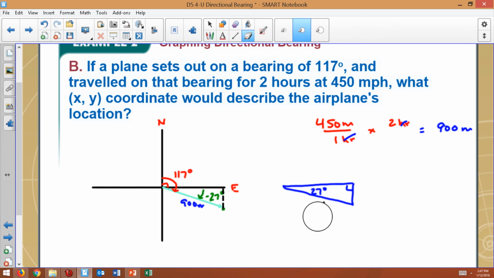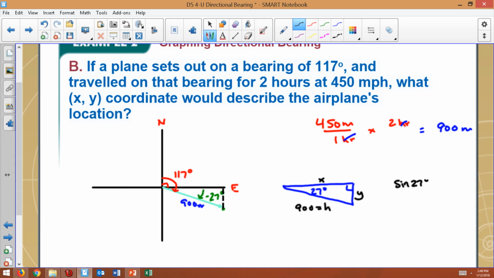If I wanted to find my x and my y, I would use my trig function. So to find the y here, the song goes SOH CAH TOA. So I would say sine, and I'm using the h, so sine equals y over h. Sine of 27 degrees would equal y over, not x, I'm sorry, h. And h is 900 in this case.